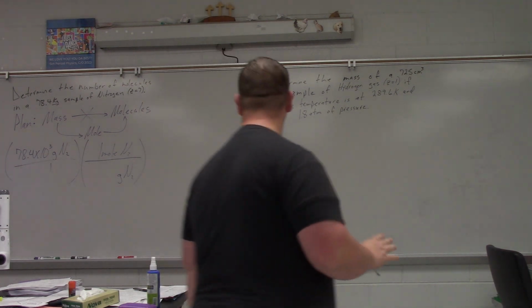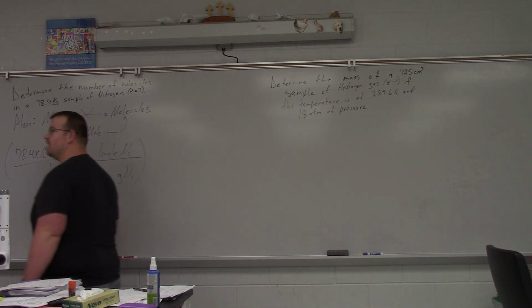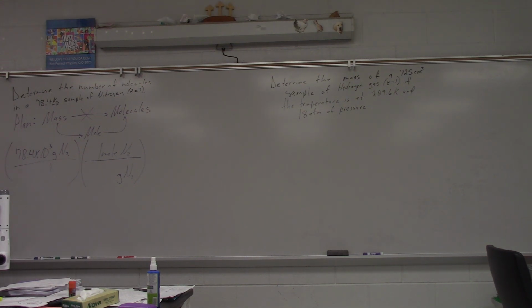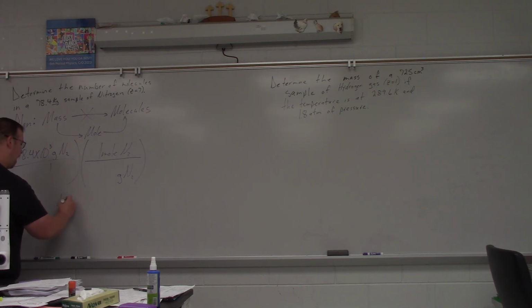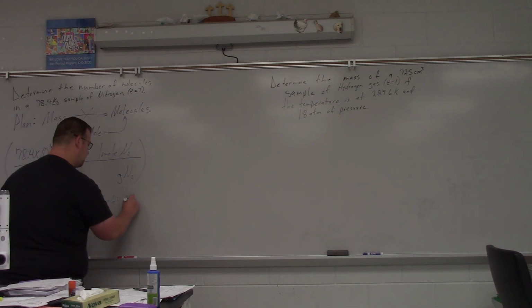So it's not as simple as looking off the periodic table and saying that the average atomic mass of nitrogen is 14.01 grams per mole, because you have a molecule. Nitrogen bonded to itself. I have 2 nitrogens times the 14.01 grams per mole off of the periodic table will give us 28.02 grams per mole.